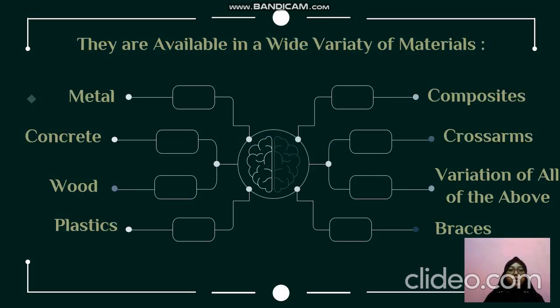And next, they are available in a wide variety of materials: number one, metal; number two, concrete; number three, wood; number four, plastic; number five, composite; and then columns, variations of all of the above, and bricks.